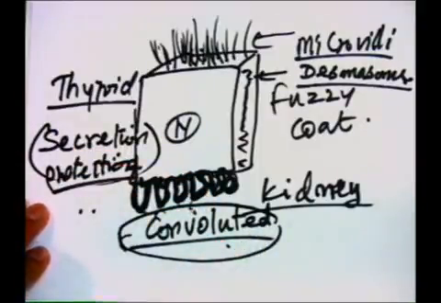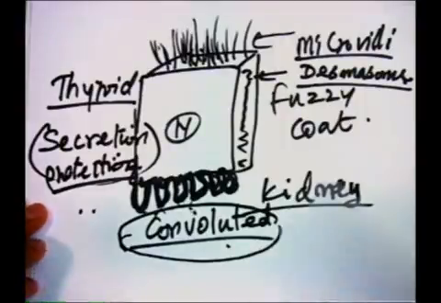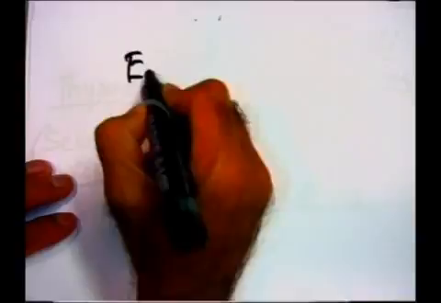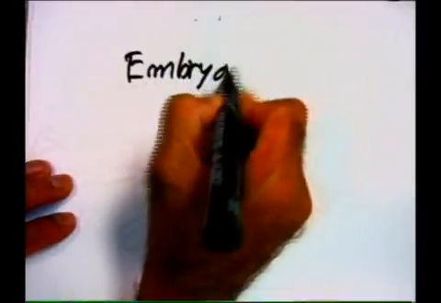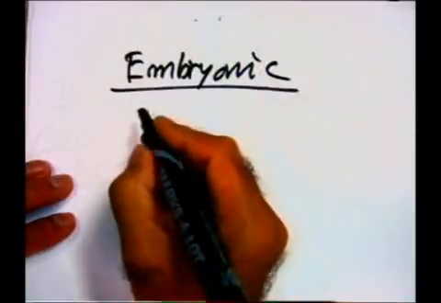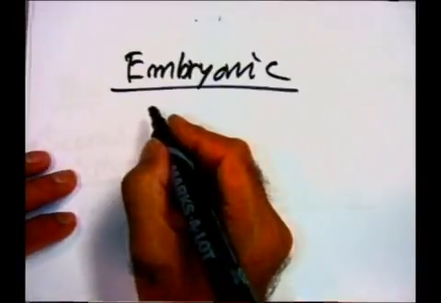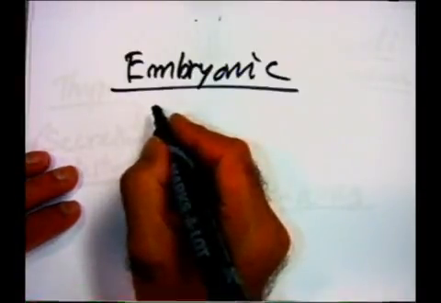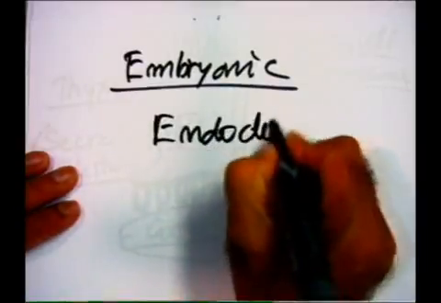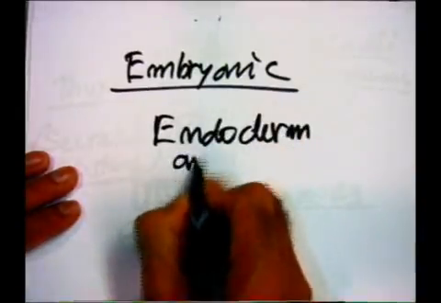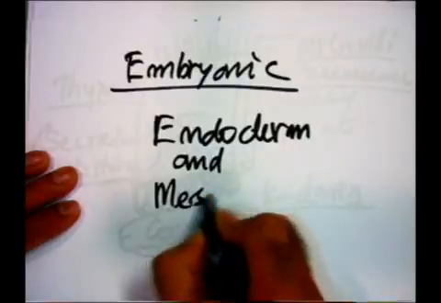And where do these cells come from? The embryonic origin is endodermal as well as mesodermal. This simple cuboidal epithelium is coming from endoderm and mesoderm.